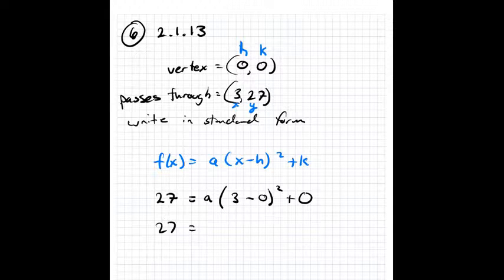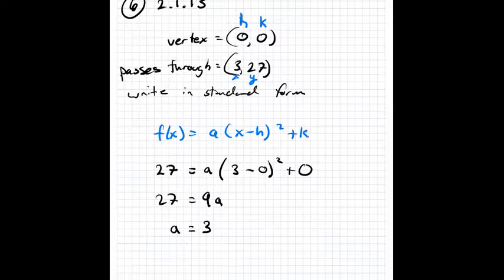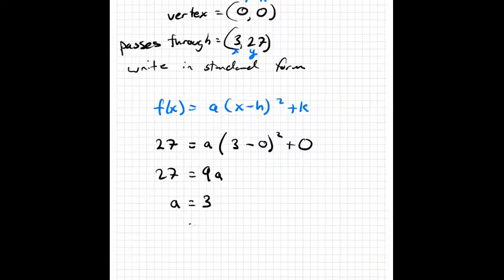So then divide both sides by 9, our a equals 3. Okay. So then our function is going to be 3 times x. I think it's just 3x squared.